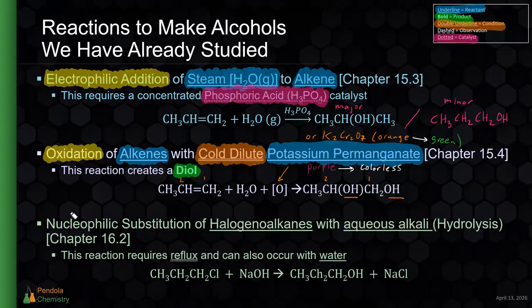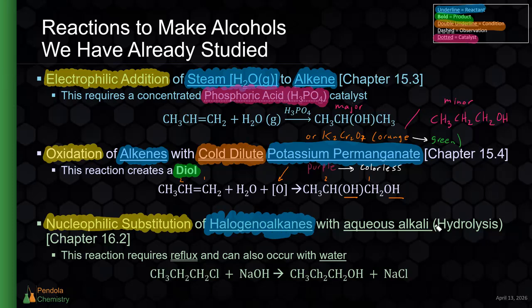Now, the last reaction that we saw in a different chapter, chapter 16 this time, that would create an alcohol is a nucleophilic substitution reaction of the halogenoalkanes. In this reaction, we would be able to react a halogenoalkane with aqueous alkali in a hydrolysis reaction or nucleophilic substitution reaction.